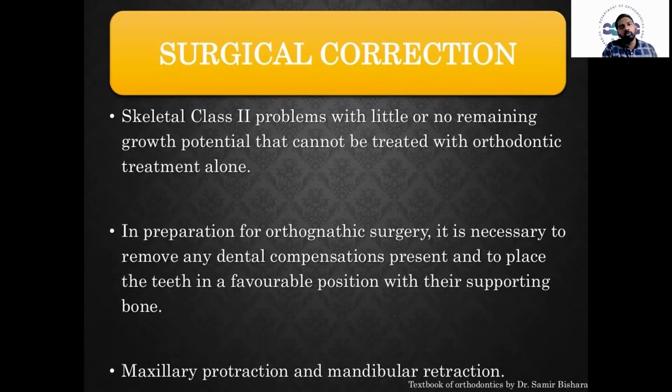In pre-surgical orthodontic treatment, we do decompensation. In skeletal class 2, compensation has happened, so we will do decompensation, and it will show that the malocclusion may worsen. You have to convince the patient first and go for surgery, and after settling go for the post-surgical treatment.